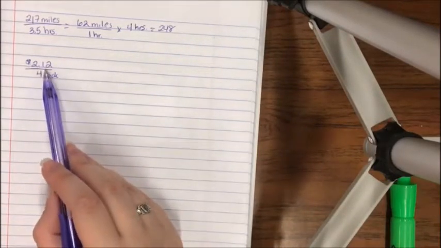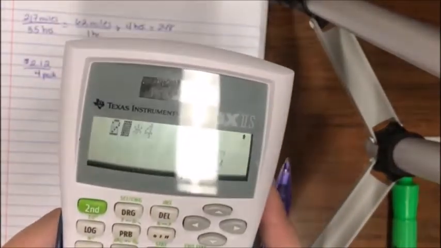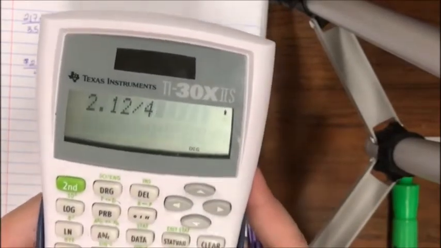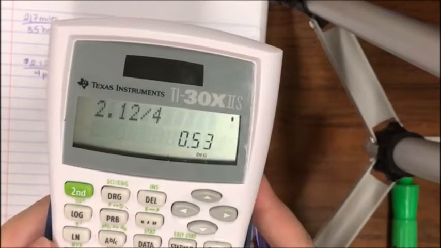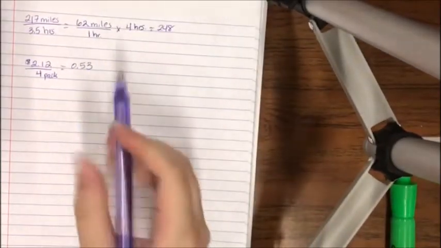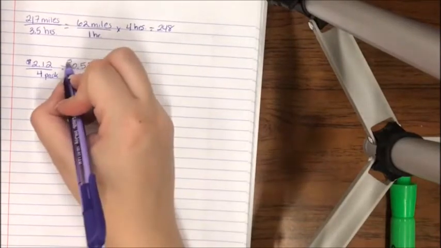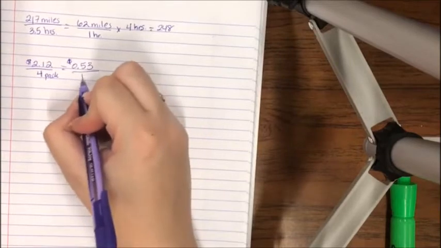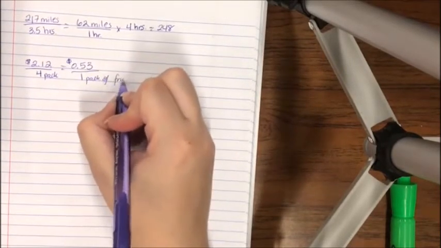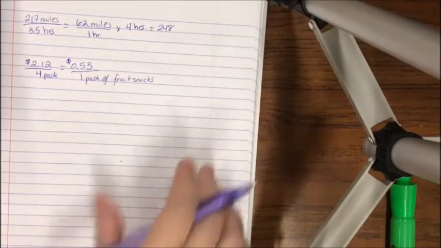So I have $2.12 divided by 4. So I'm going to take my calculator, 2.12, I'm going to divide it by 4, and I get 0.53. The 0.53 tells me that's the price that I'm going to pay for one pack of fruit snacks or mixed fruit.